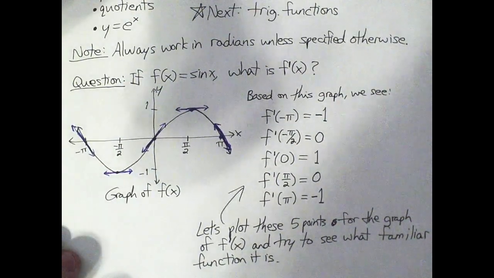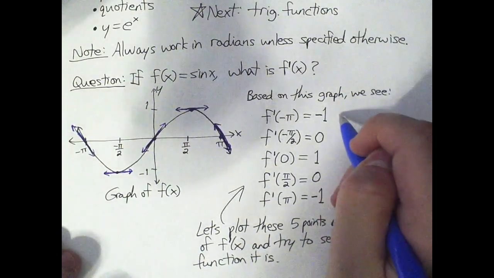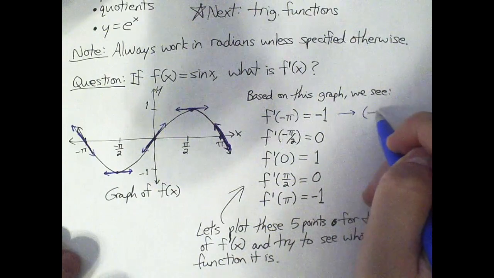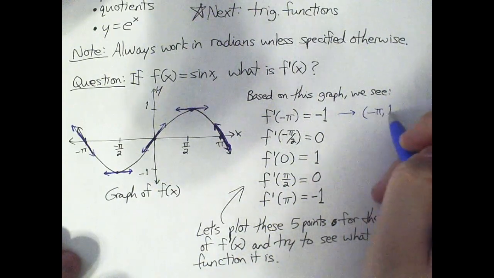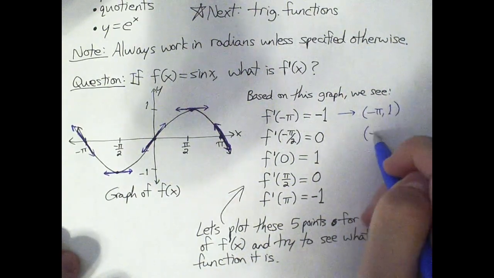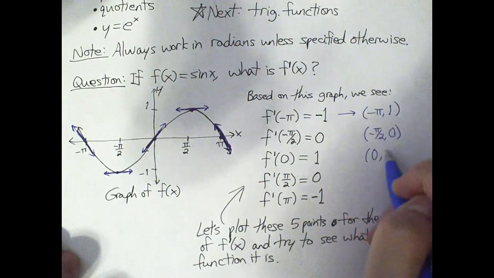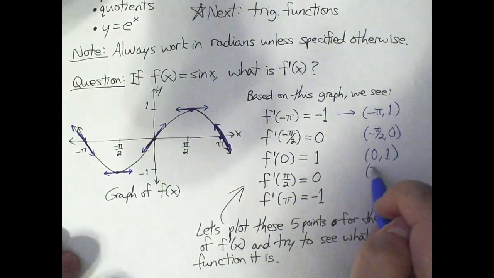What I mean by this is, the graph of f prime would have the point negative pi comma 1, the point negative pi over 2 comma 0, the point 0 comma 1. These are all for the graph of f prime.